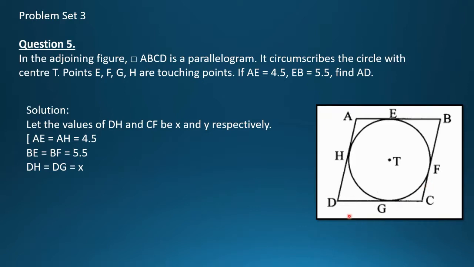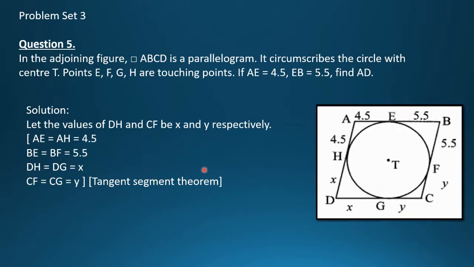Similarly, we have considered length of DH to be X. So by the same concept, DH will be equal to DG and both of them will be X. And similarly, CF will be equal to CG and both of them will be Y. This is all by tangent segment. So AE 4.5, AH 4.5, EB and BF both 5.5, DH and DG both X, and CF and CG both Y.